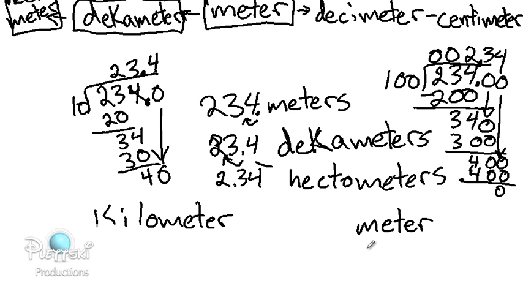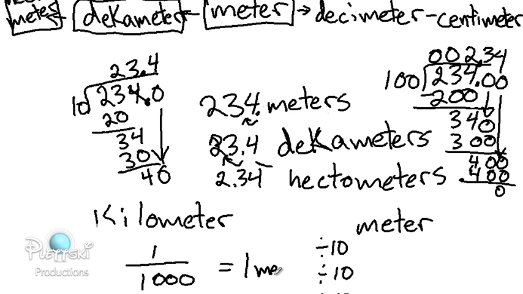So to get from meters to kilometers, you're going to have to divide by 10, divide by 10, and divide by 10 again. You're going to divide by 10 3 times, because 1/1000th of a kilometer equals 1 meter.